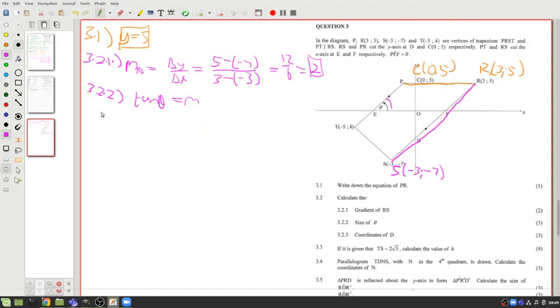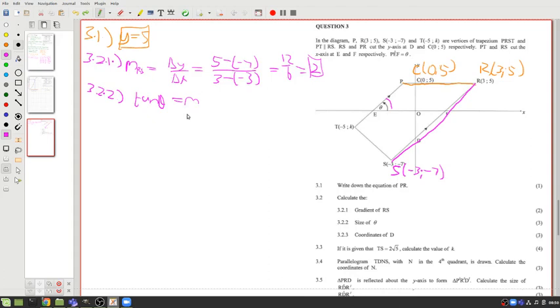I'll erase this later, but we can see that by imagining we draw a triangle here. Then tan theta is equal to opposite over adjacent, and that is just change in y over change in x. So that's why it's equal to the gradient. As we see, it makes sense.